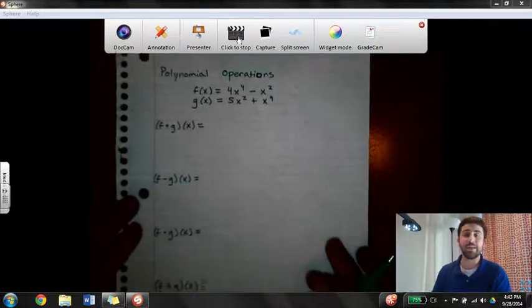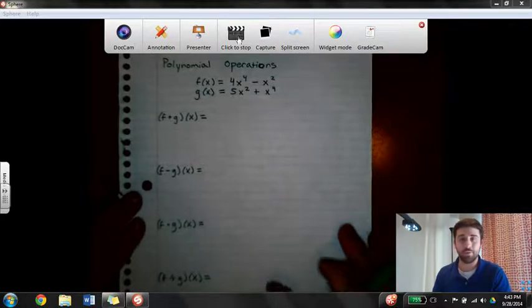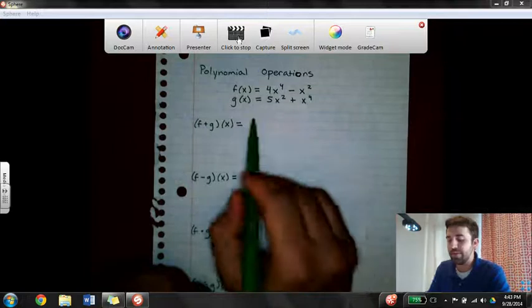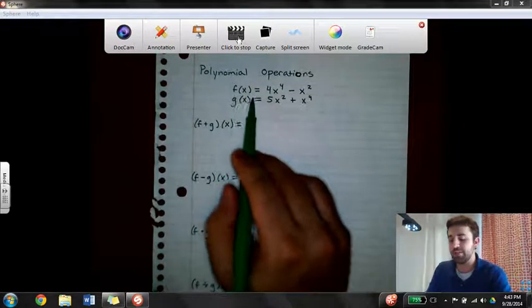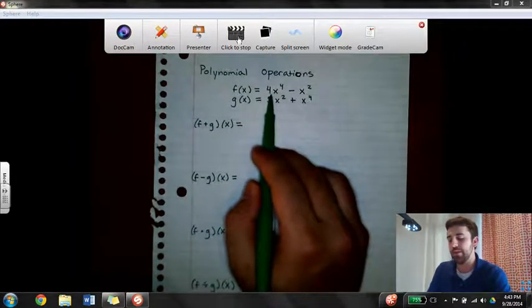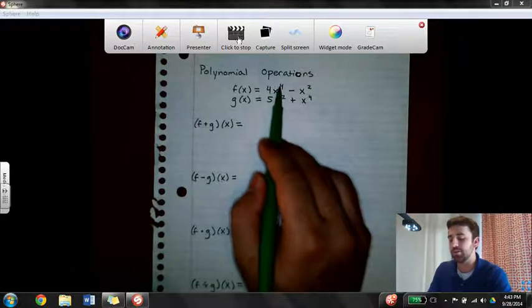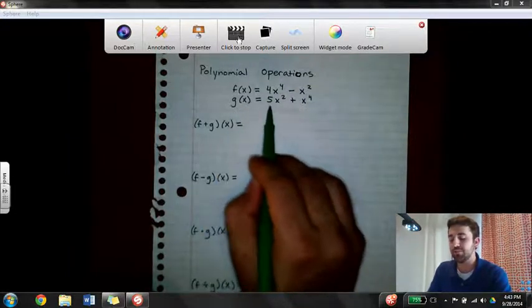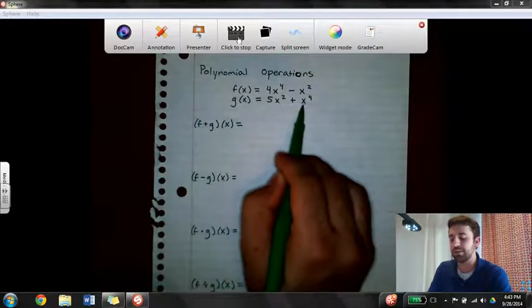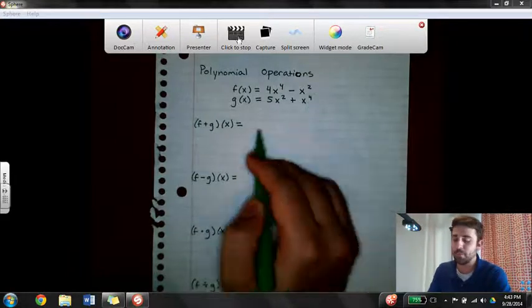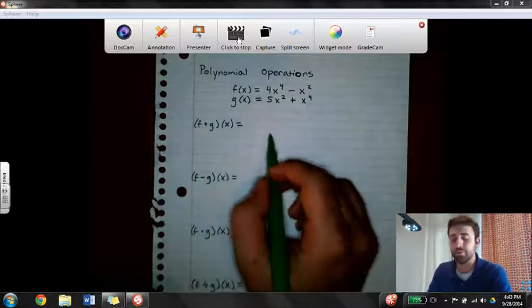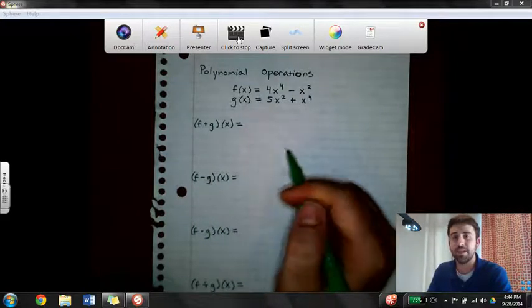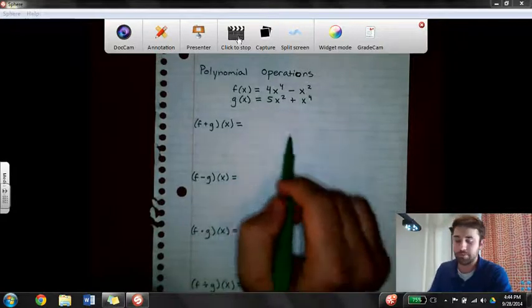Now we can take polynomials and operate with them. So given the function f of x is equal to 4x to the 4th minus x squared, and g of x is equal to 5x squared plus x to the 4th, we can do the basic operations, adding, subtracting, multiplying, and dividing, by combining these.